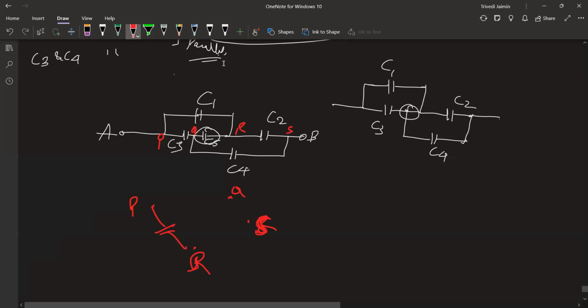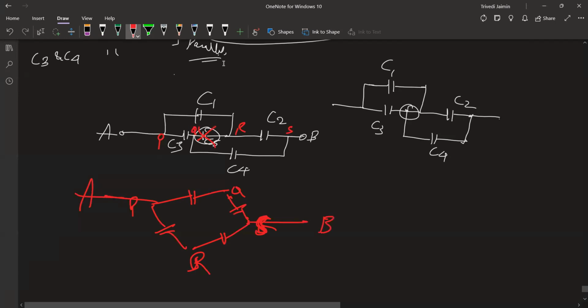Between P and Q, there is one capacitor. And R and S, one capacitor. And Q and S, this one capacitor. And P and S, A and B. It is A here, it is B here.